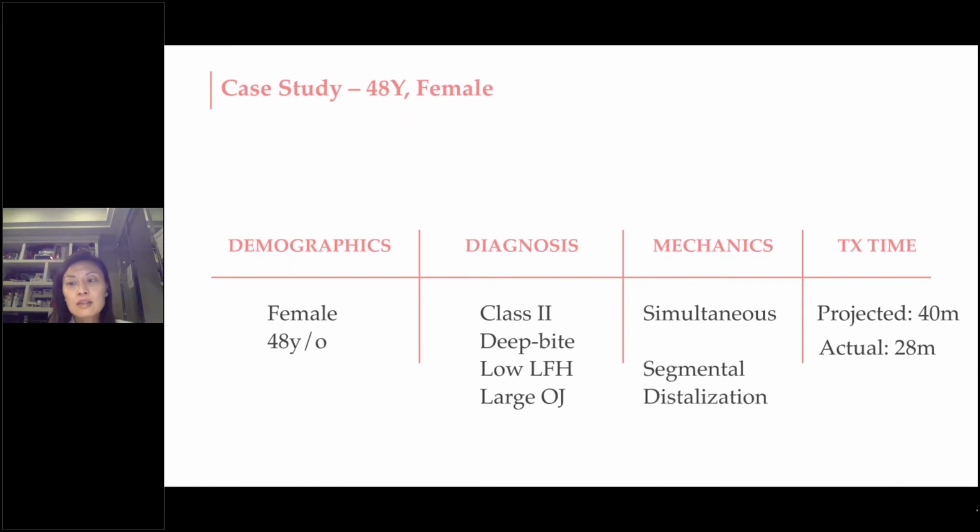After the second set of aligners, we planned segmental distalization for her. The projected treatment time was 40 months. However, we used about 28 months to finish her, as there were 3 sets of aligners in total, as we can see in the following.